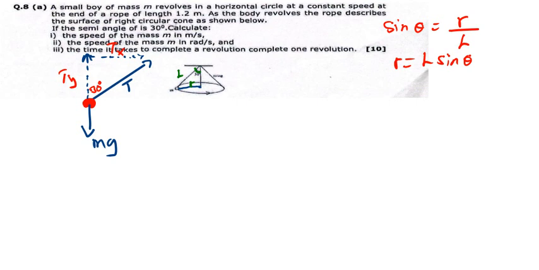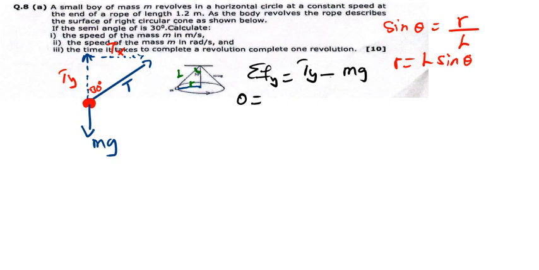I'll start with the forces in y direction. This object is moving in the circular path, and we can clearly see that it's moving in x direction and not in y direction, so in y direction the net force is 0. The summation of forces in y direction: we have ty pointing upward minus mg pointing downward. Replace the net force with 0 because it's not moving in y direction.